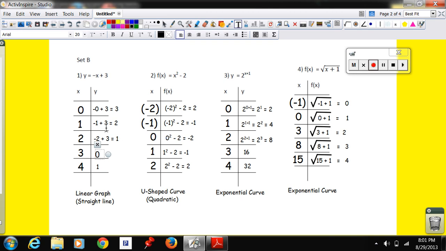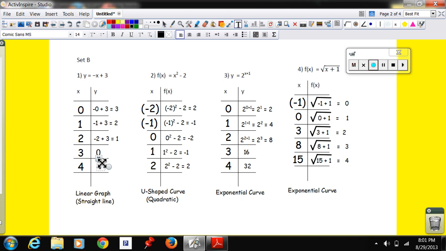Negative 1 plus 3 is 2. Actually, this is where I made a mistake, because this is negative 1.